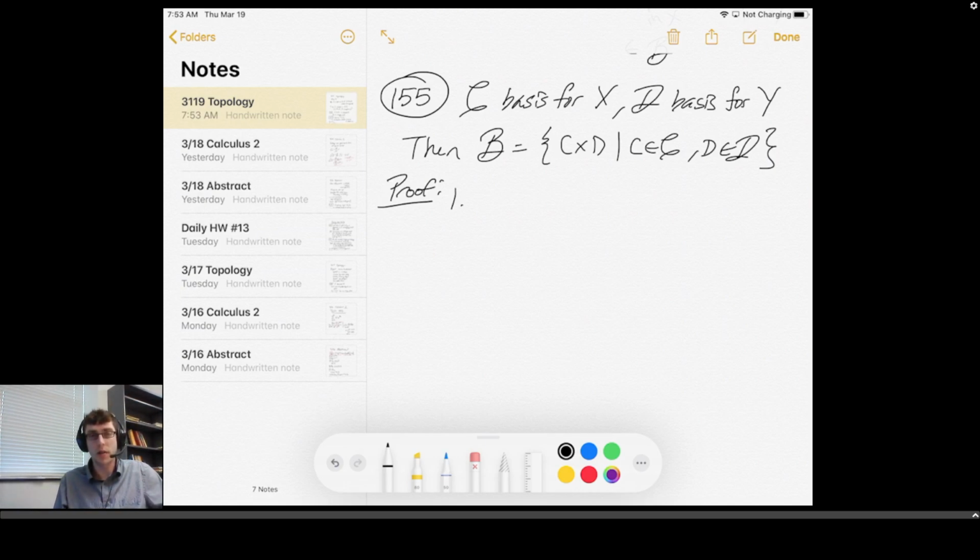This one just requires a little bit more because we're talking about basis elements. So it's really the second part that's a bit harder.